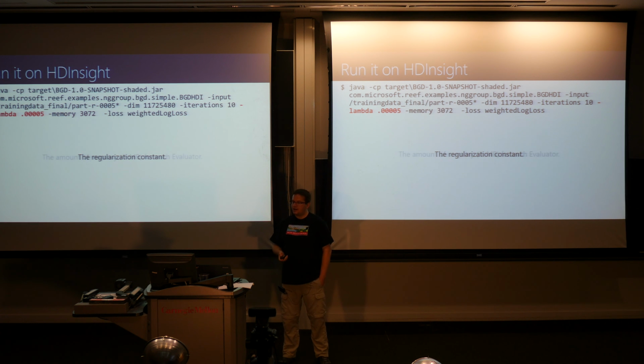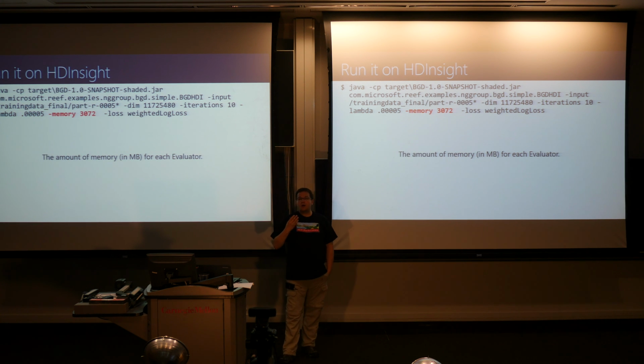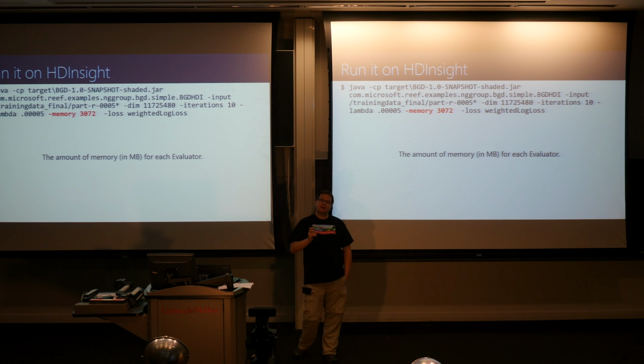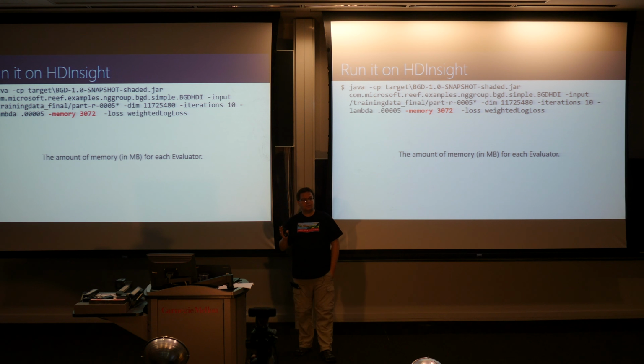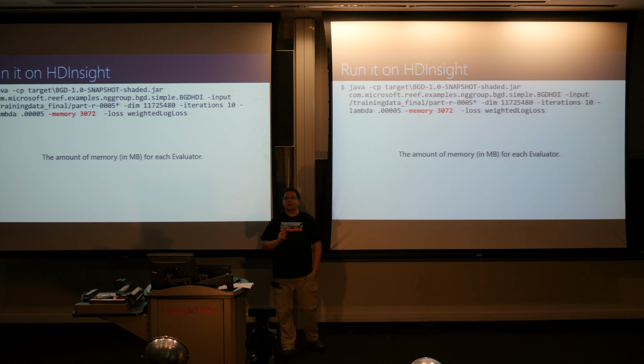The next parameter is again a system parameter, and that is the amount of memory that this job will ask for each of the evaluators. In this case, that's 3 gigabytes. The reason is that on the cluster, each individual virtual machine has 6 gigabytes of memory, and the minimum you have to get is 1 gigabyte and multiples thereof.